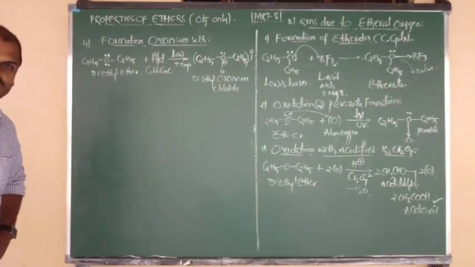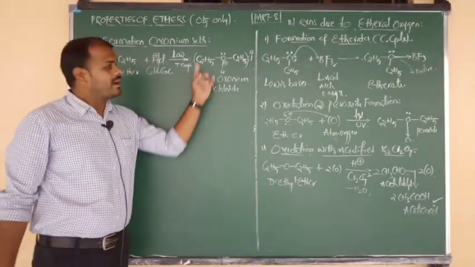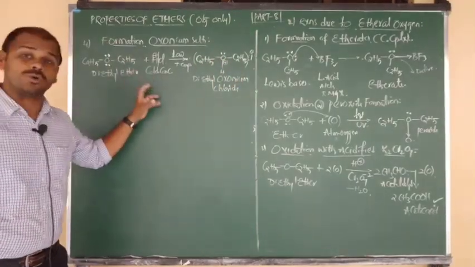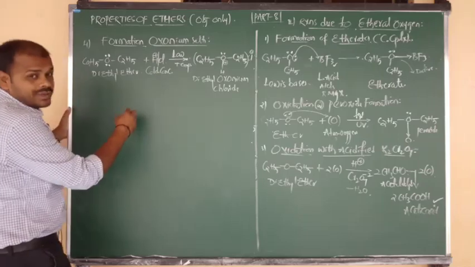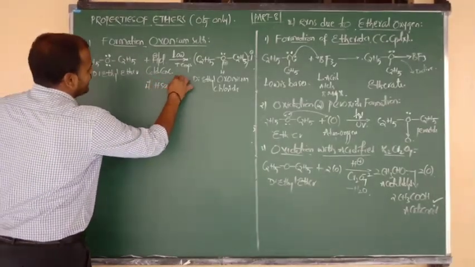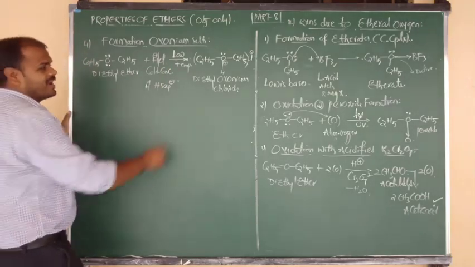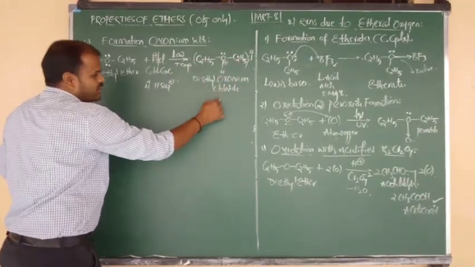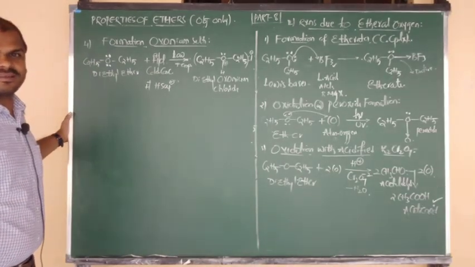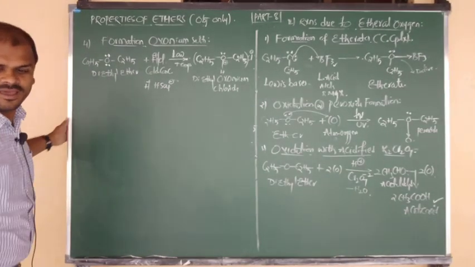Diethyl oxonium chloride. For HBr, understand it as diethyl oxonium bromide. Suppose we take H2SO4. H2SO4 we can divide into H plus and HSO4 minus. That means diethyl oxonium hydrogen sulfate will be the product here. Try to imagine better. Okay.